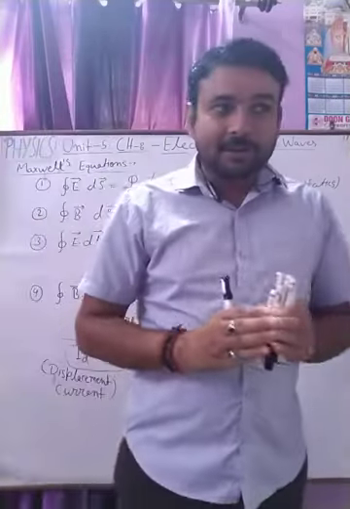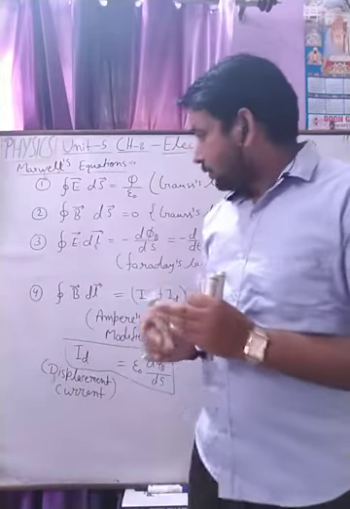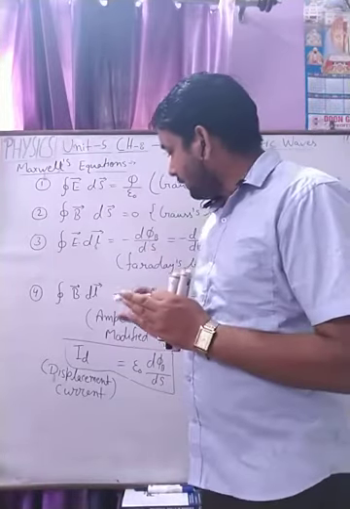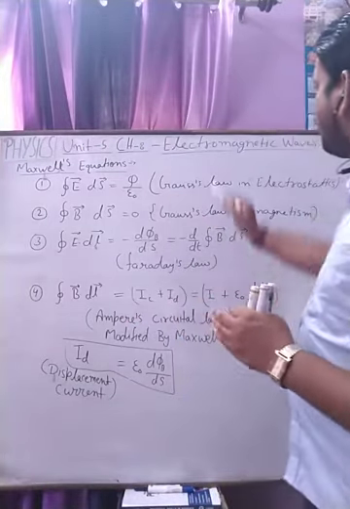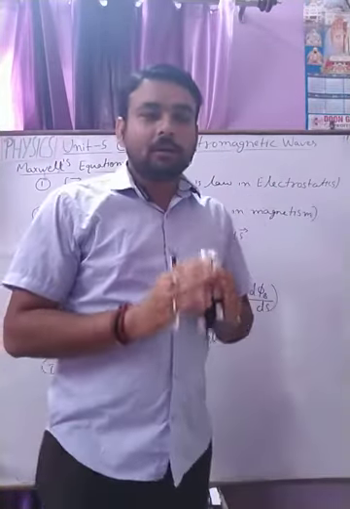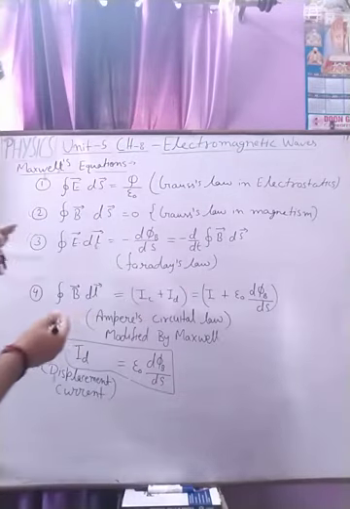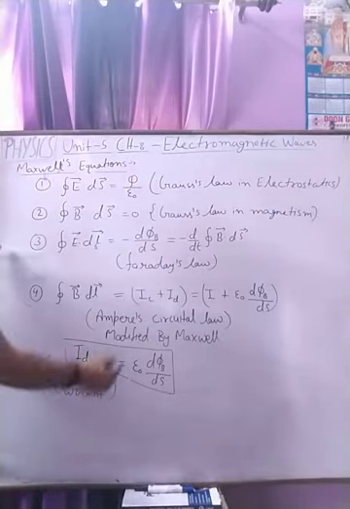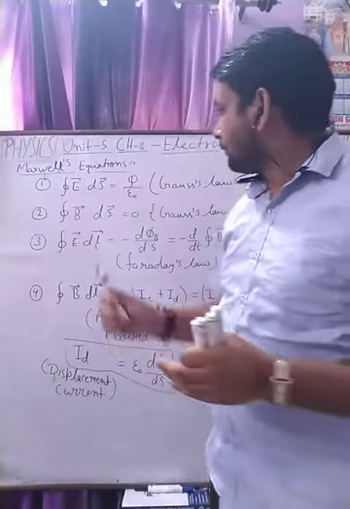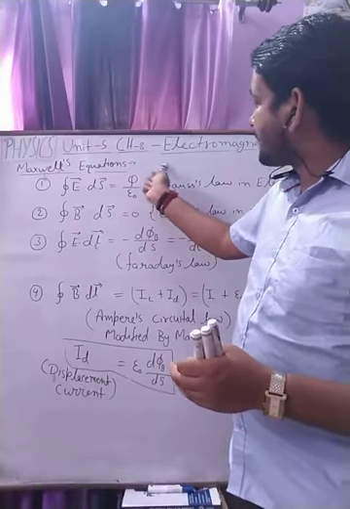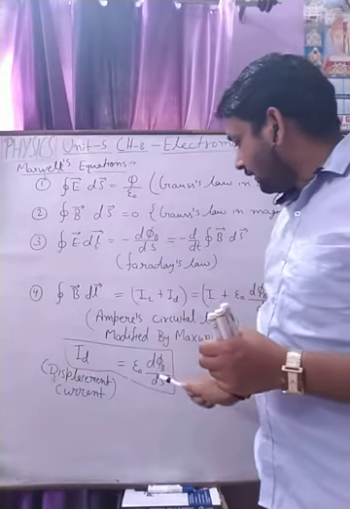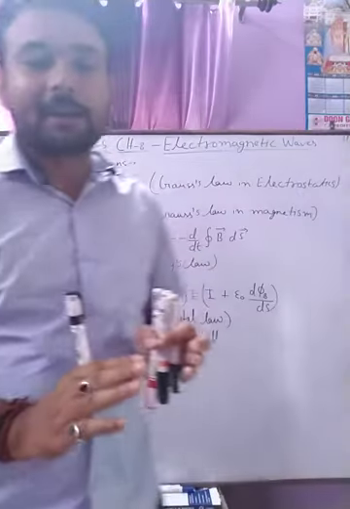Because displacement current is not part of your syllabus this year, Maxwell equations are also not part of it this year, but this is important to know about the electromagnetic nature of the waves. So I will introduce you to these four equations, which explain all the characteristics of the electric and magnetic nature of electromagnetic waves.